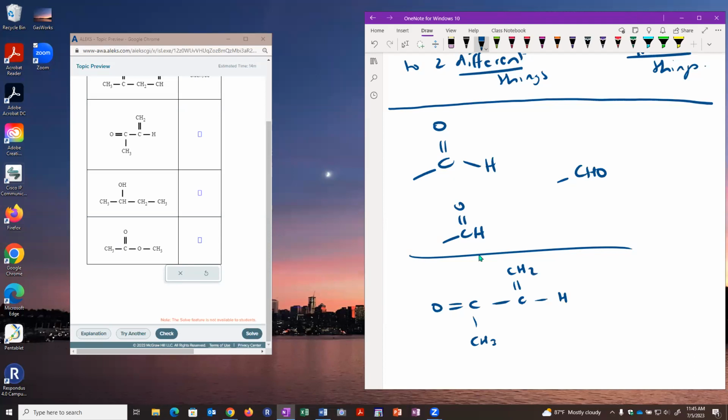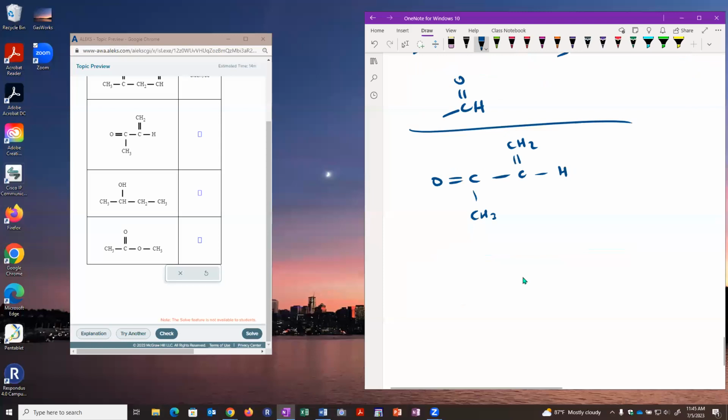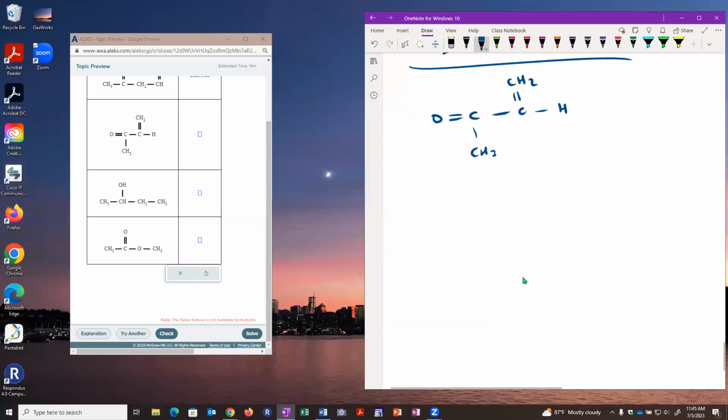What may automatically draw your attention, again looking at atoms other than C's and H's, would be the oxygen connected to a carbon. So we have that C double bond O. That itself is known as a carbonyl.